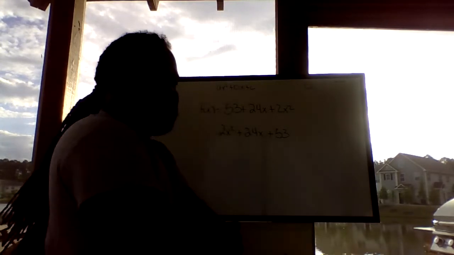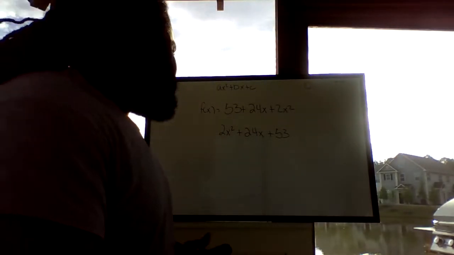Well, the first step tells me I need to write this in standard form, where it's ax squared plus bx plus c. So this right here needs to go in the front. That gives me 2x squared plus 24x plus 53.